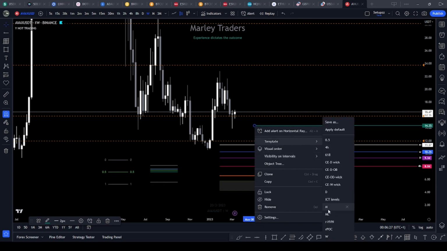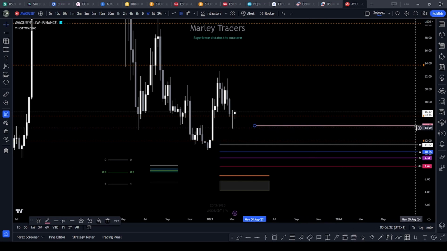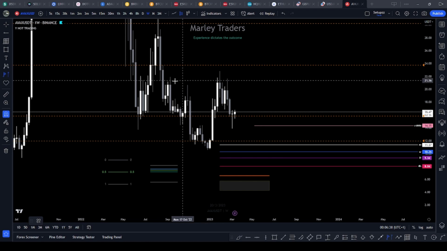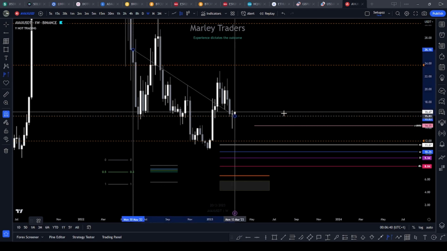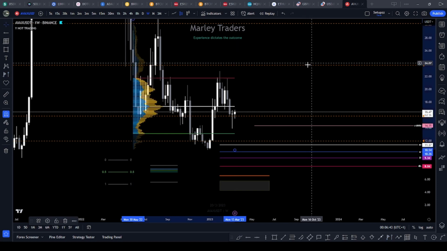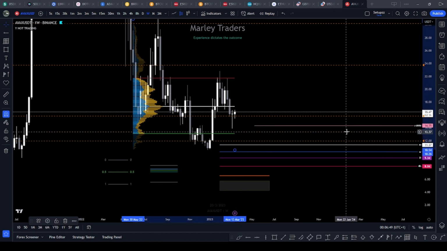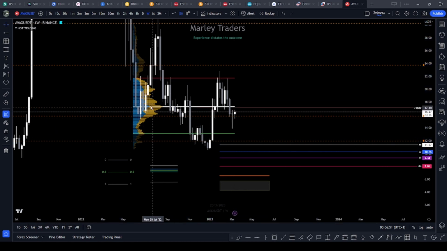So this is range. This means range high volume node. So I have that. For example, this is the point of control for this, if you know how to use this tool. Excuse me, I'm just going to take away this magnet.